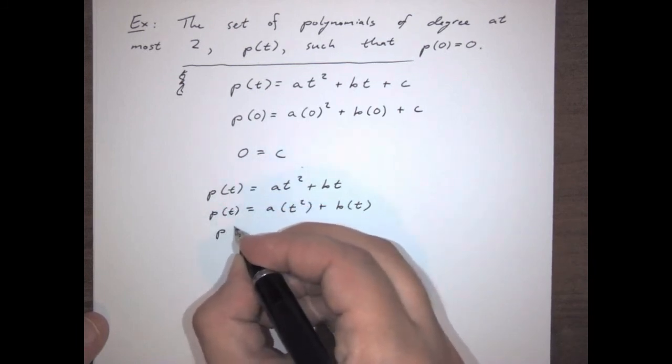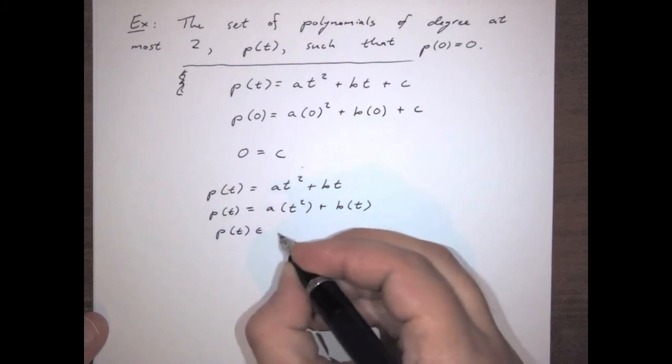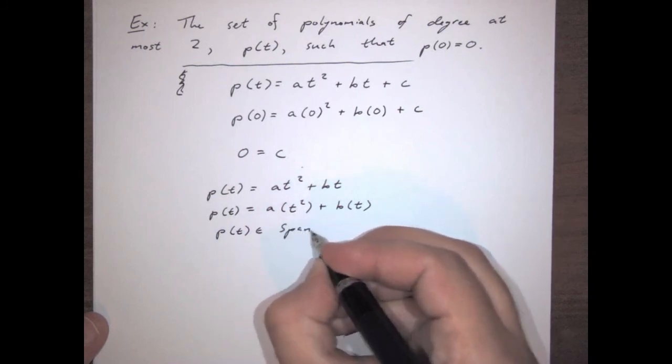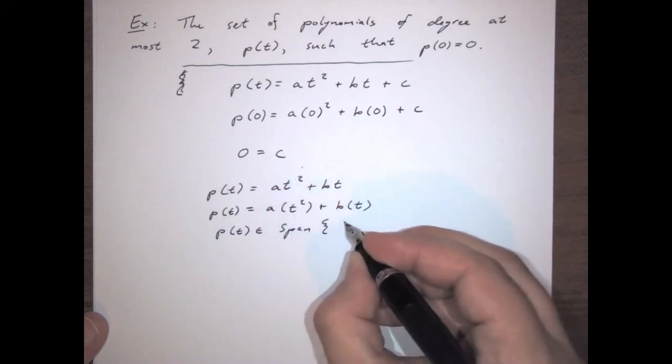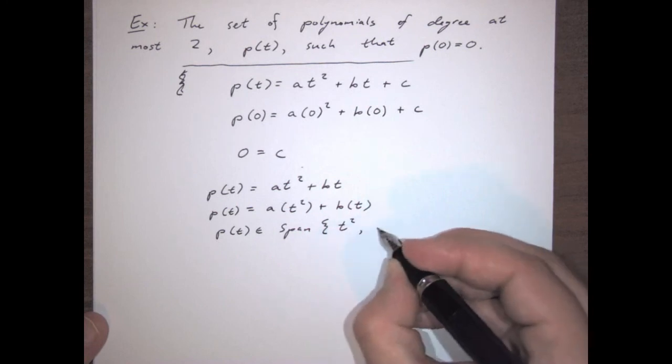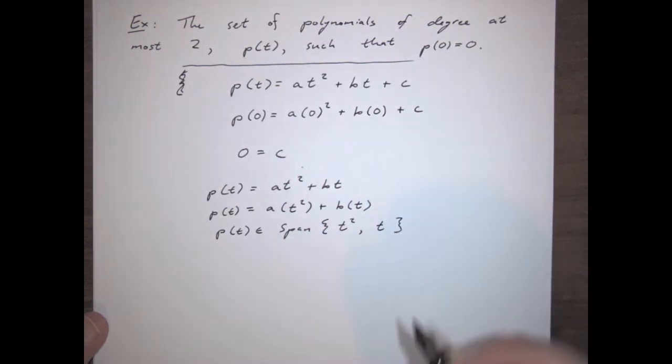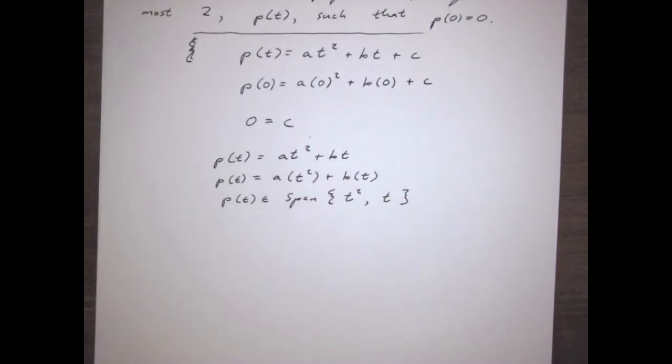Which means P of t belongs to the span of the polynomial t squared and the polynomial t. So this looks very different from vectors, but it's actually not so different.